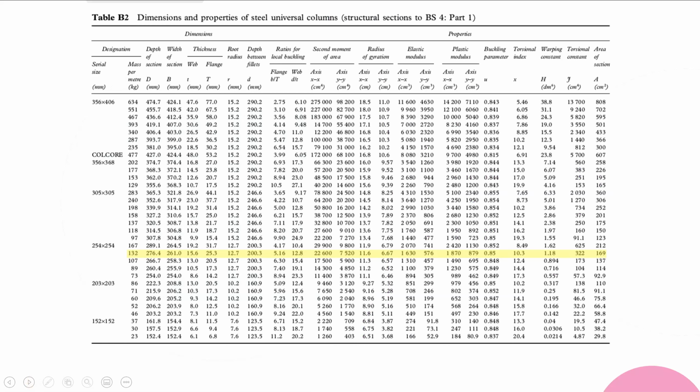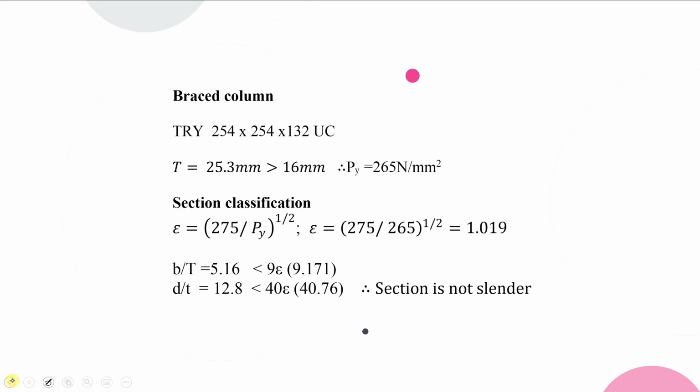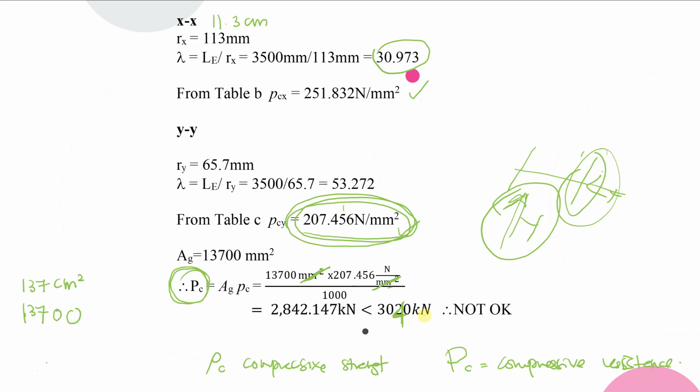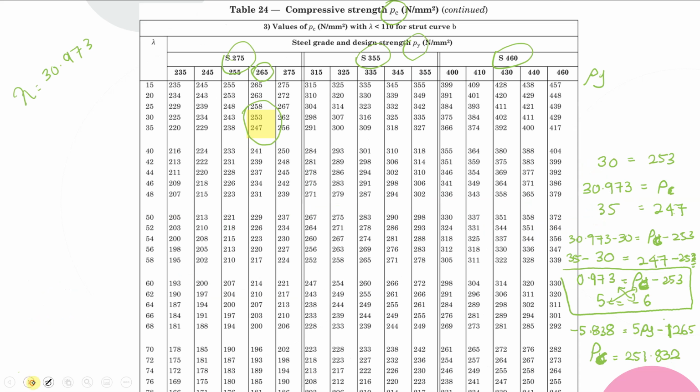Earlier we took 107, so I increased just one size because the difference is not that big, if you look at the values here, it is not much different, around 200 something. So I increase just one size.